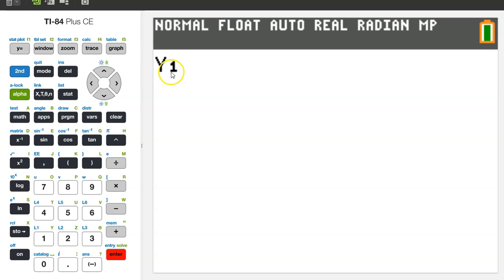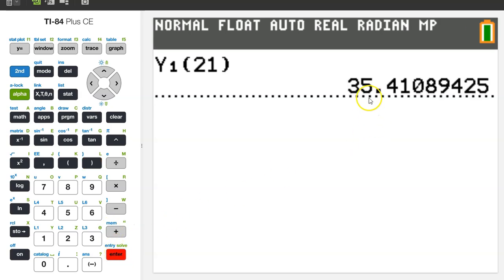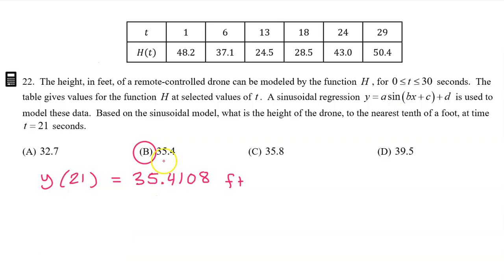And we can evaluate y1 at 21 by putting 21 in parentheses like this and hitting Enter. 35.4108. To the nearest tenth, that's 35.4 feet. So the answer is B.